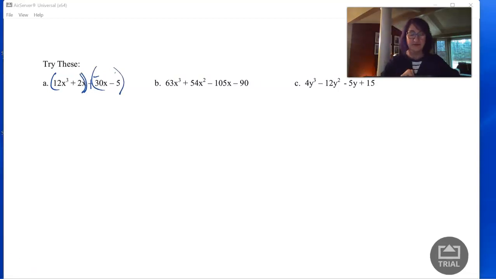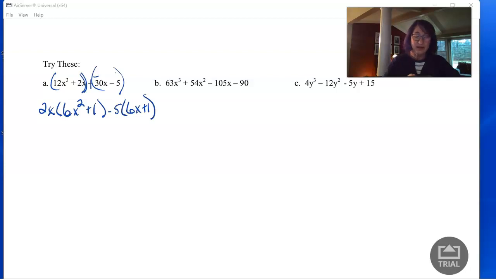Out of the first set of parentheses, remove a 2x, and then you're left with 6x squared plus 1. Out of the second set of parentheses, you're going to remove a negative 5, and you're left with a positive 6x plus 1. So then your final factored form would be 6x squared plus 1 times 2x minus 5.